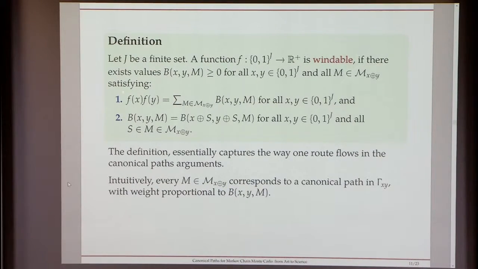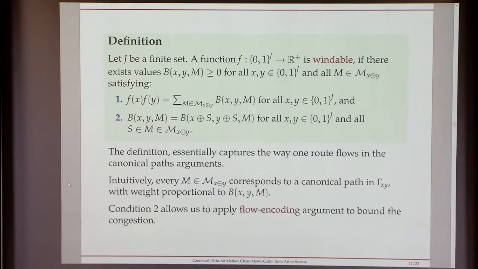And so then you look at the first condition of the windable. So it is almost identical to the requirement for a canonical path. So this is the intuition behind these definitions. And condition 2 just allows us to apply a flow encoding argument to show the low congestion of this canonical path.